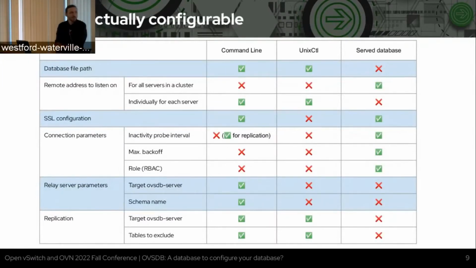And here is a table of what is actually supported by each of the configuration methods. I won't go very deep into that, but as you can see, none of the methods covers everything. And this is obviously inconvenient.